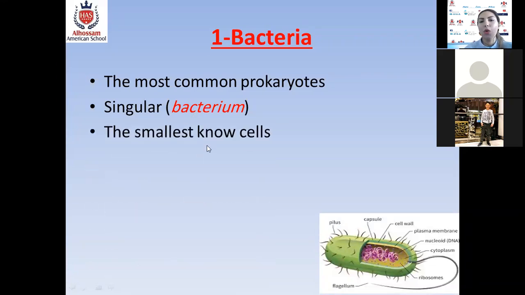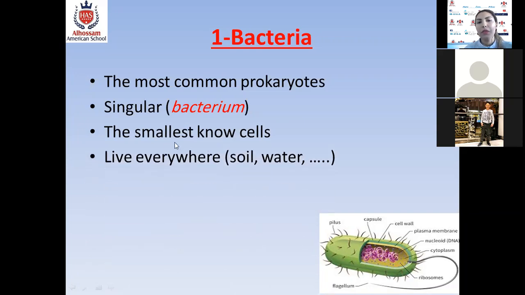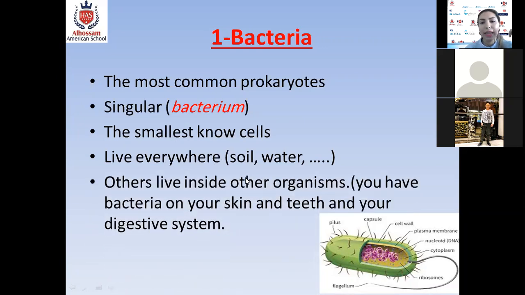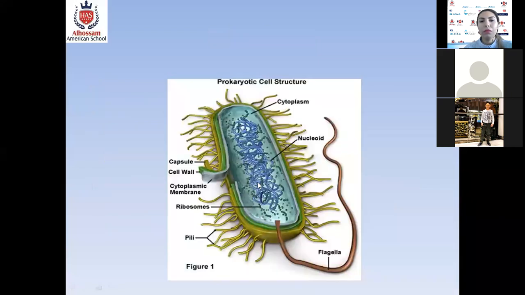They are the smallest known cells and live everywhere. You can find bacteria in soil, in water, even in your body, on your skin, inside your digestive system, between your teeth. You can see bacteria everywhere.